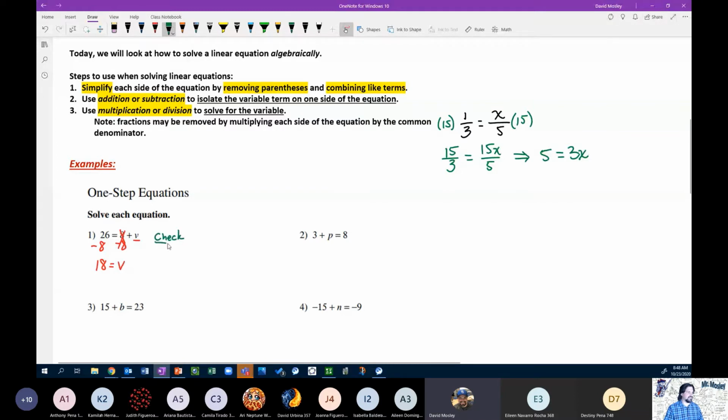I know this is a simple example, where we're only adding or subtracting. However, we want to be in the habit of checking our work. So we check. We say, okay, v equals 18. Let's put it back in the equation. 8 plus 18, which is v, equals 26. It was supposed to equal 26. Hooray. Everything works. So now we're done with question 1.